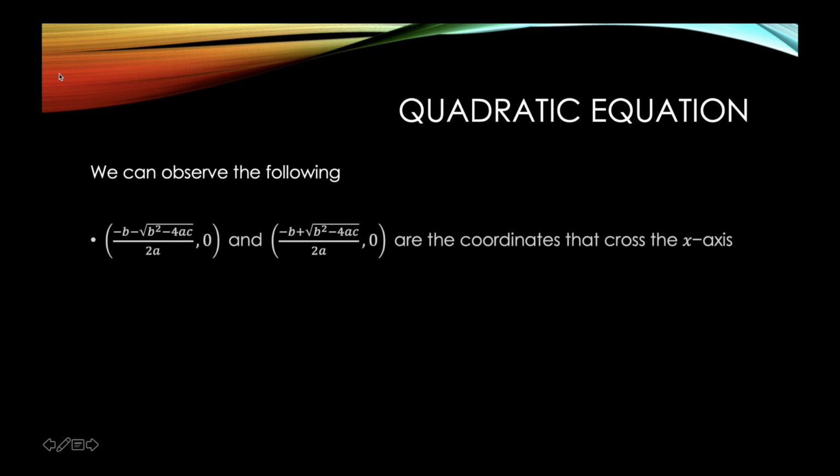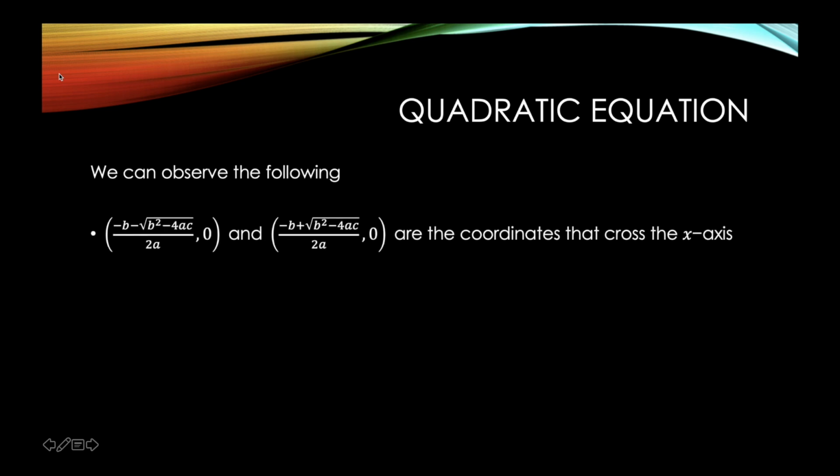That means you can observe that the points minus b minus the square root of b squared minus 4ac divided by 2a, and minus b plus the square root of b squared minus 4ac divided by 2a are the coordinates that cross the x-axis. You'll recognize this from the quadratic formula. You also have a new point, minus b divided by 2a and minus (b squared minus 4ac) divided by 4a squared, which is the vertex of the graph.